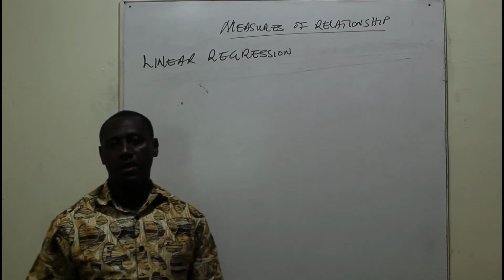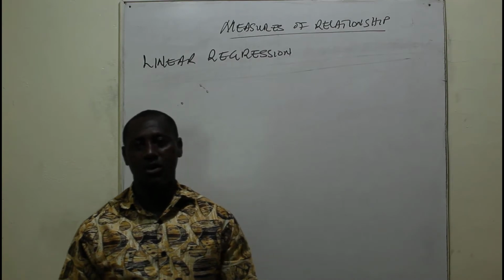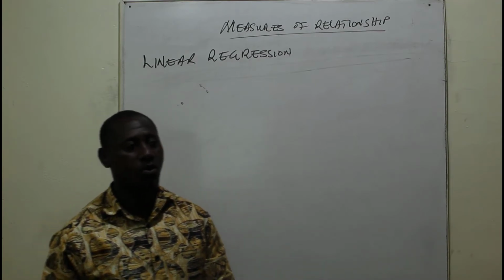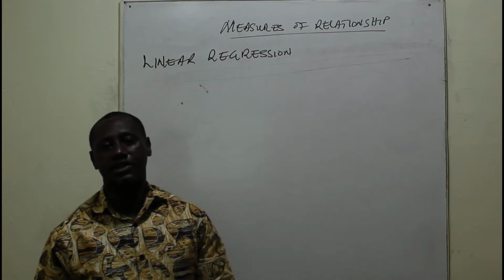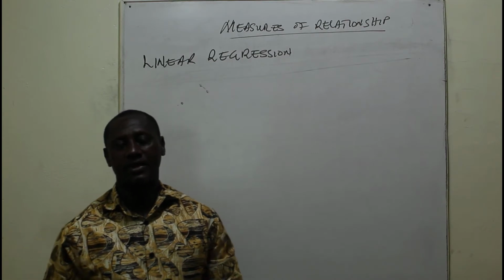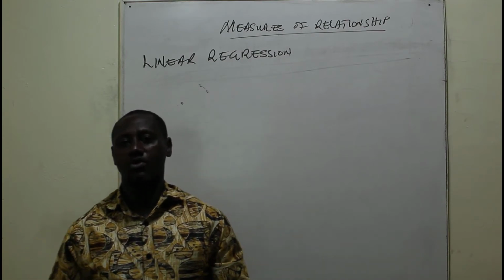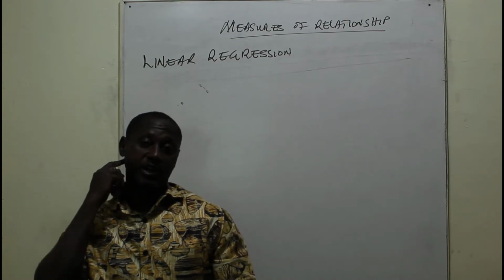Now, for linear regression, for the sake of this course, our focus is going to be on what we call simple linear regression. When we talk about simple linear regression, it involves only two variables. If it involves more than two variables, then we are talking about multiple linear regression.